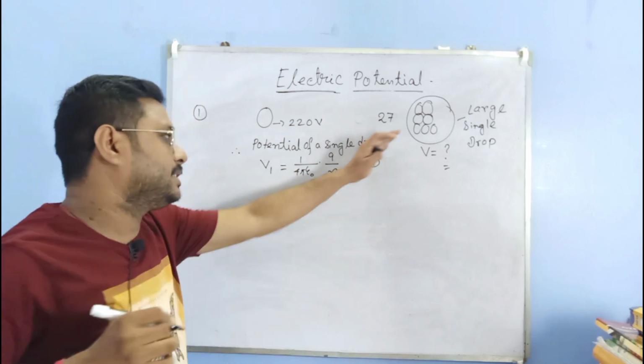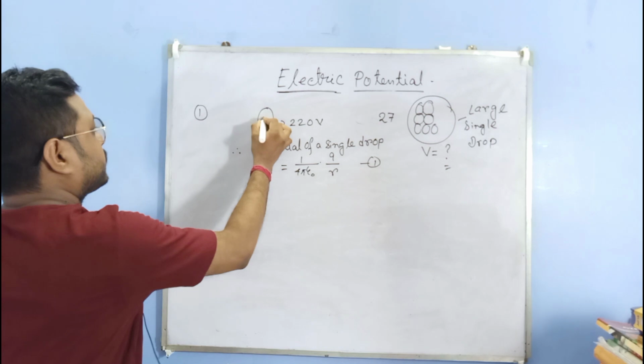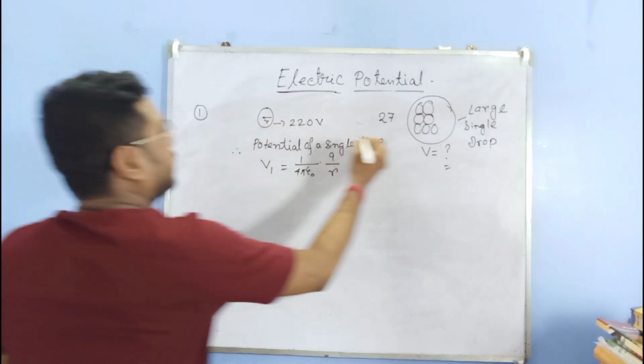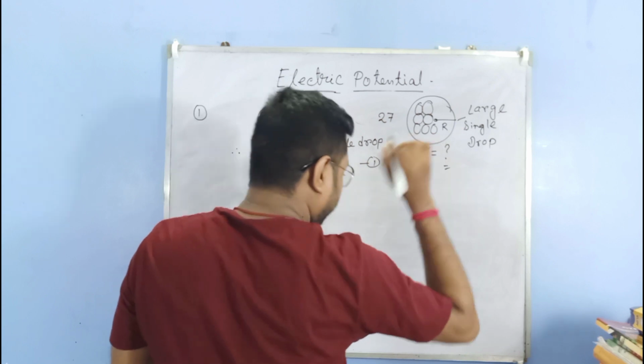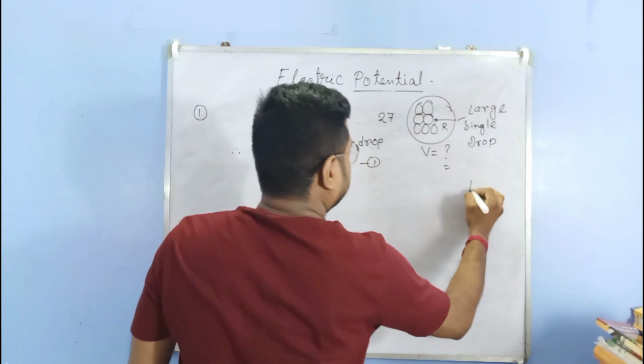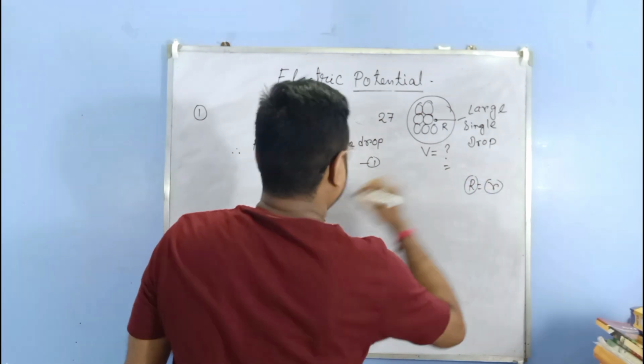In this type of math, if the radius of the small drop is small r and the radius of the large drop is capital R, then we must find the relation between capital R and small r, that is, capital R is how many times small r.